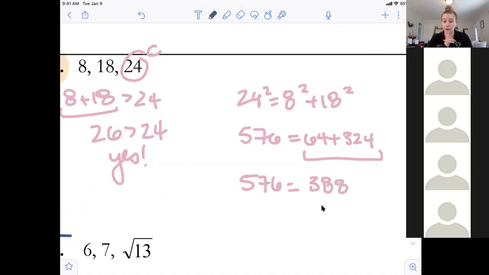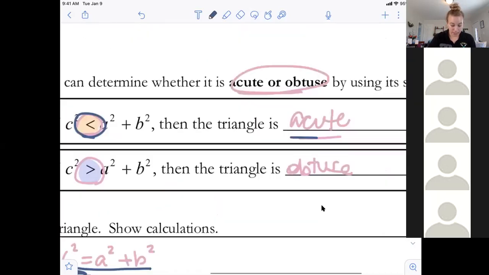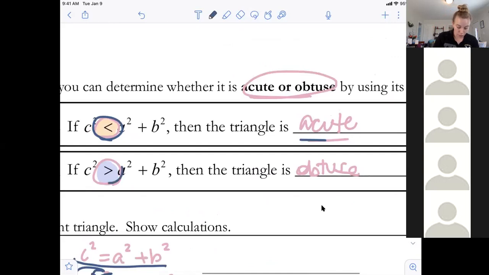So let's write our inequality. So it's not a right triangle. I already know that. I have to decide now if it's acute or obtuse. So it looks like the bigger number is 576. So I'm going to write a greater than sign. So c squared is greater than a squared plus b squared. Okay, let's go up and see what kind of triangle that is. I'm referencing my notes and it says if c squared is greater than a squared plus b squared, then it's obtuse.